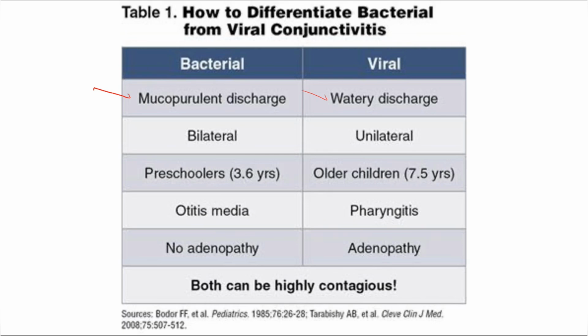It could be unilateral or bilateral, but anyhow, it can be contagious. So ask the patient, if they touch one eye, not to touch the other eye with the same hand, or to wash their hands before that.